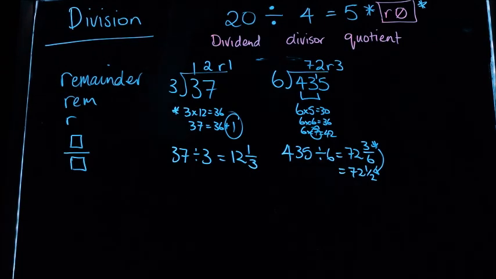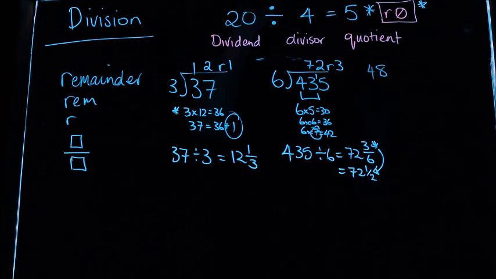All right, so I've got one more thing to show you, and this is really interesting. It's kind of a mental strategy that we can use. What do we got? We've got 484 divided by 4.